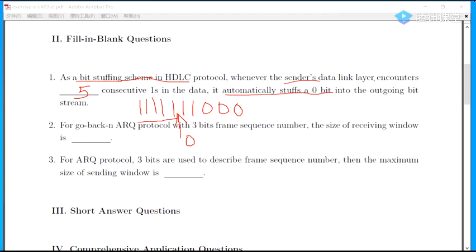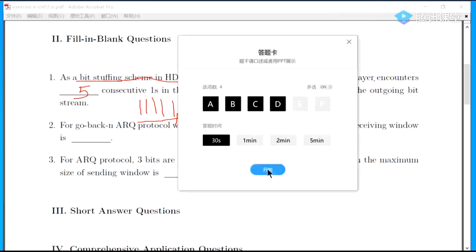Question 2. For the go back N ARQ protocol with a 3-bit frame sequence number, the size of the receiving window is, so what?